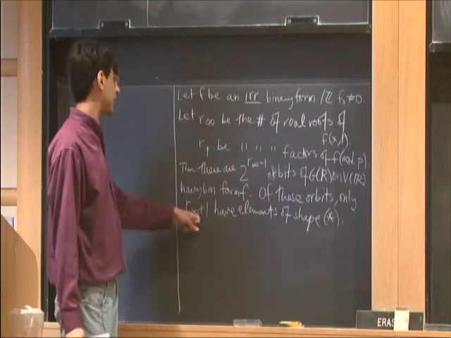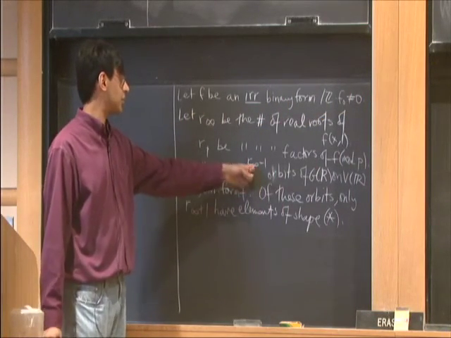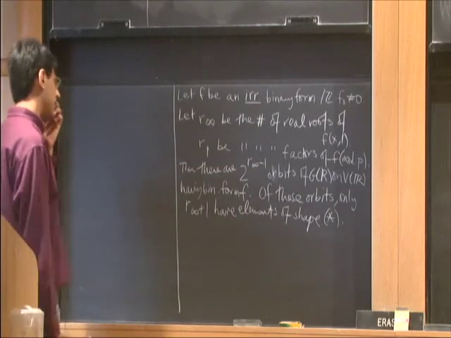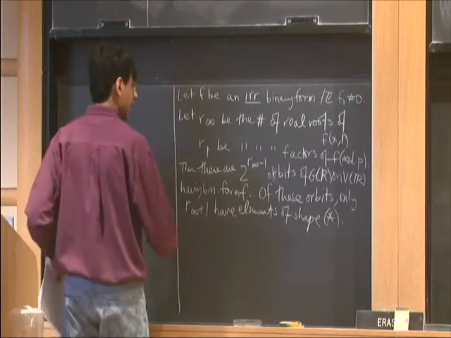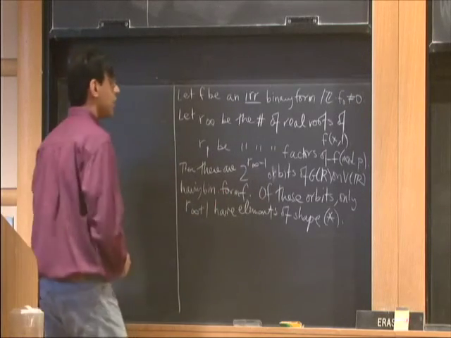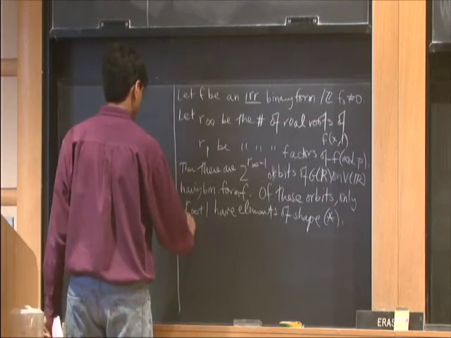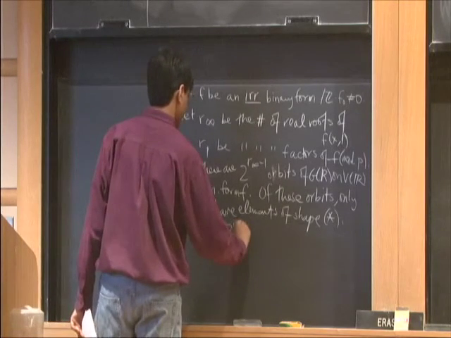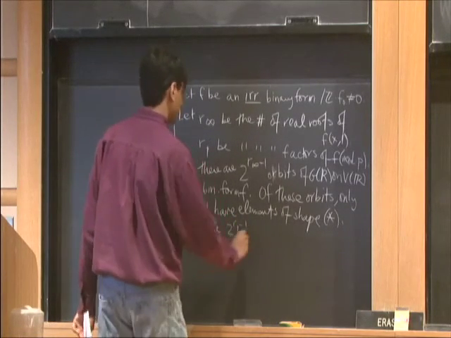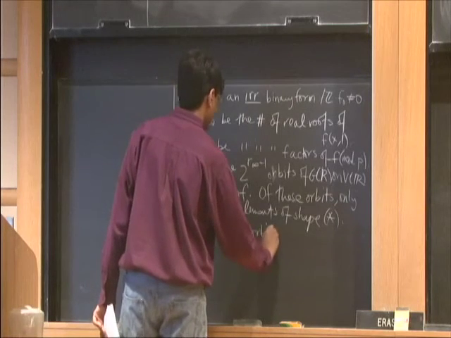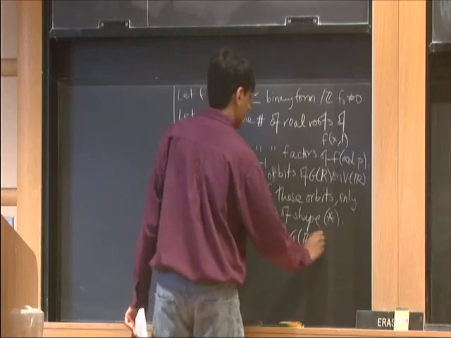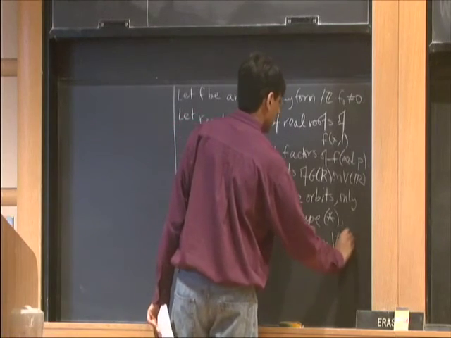So very few of the orbits, there are many orbits, especially when R infinity gets big, only some of them can have elements of this shape. And then mod p, there are p minus 1 orbits on V of F_p.